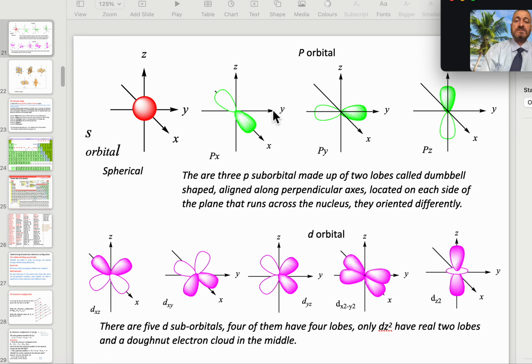P orbitals are three suborbitals. The first one, as we said, the 0 1 is the PY. You remember the ML? ML is 0 and ML minus 1, ML plus 1.